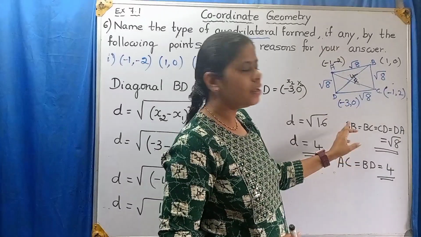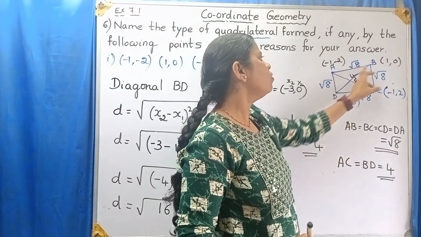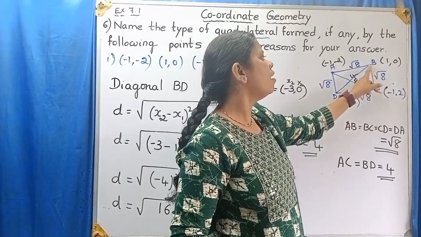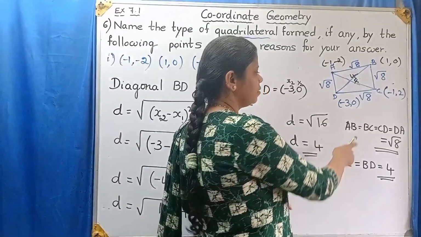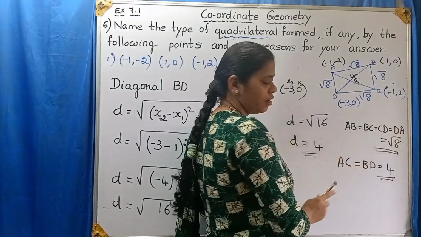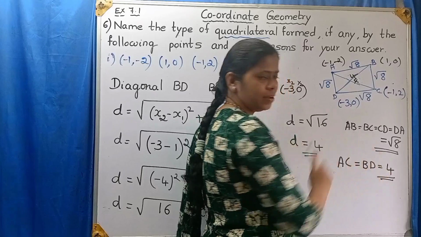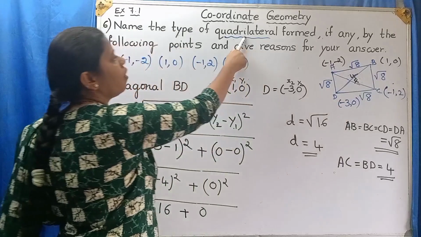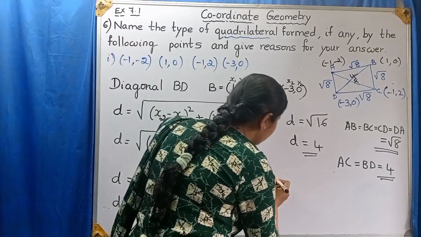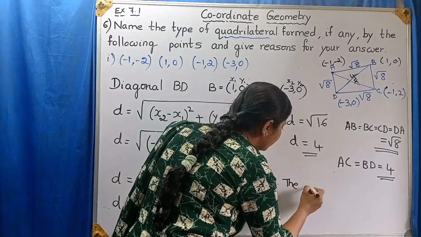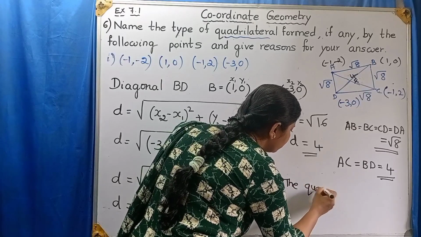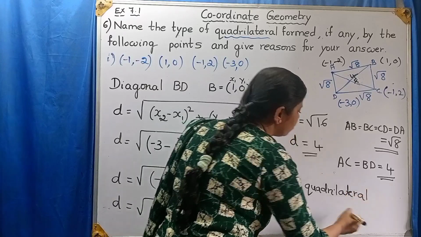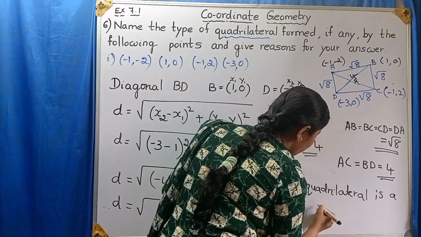This is the property of a square. In a square, all 4 sides are equal and the diagonals are equal, right? Here, all 4 sides are equal and the diagonals are also equal. This is the property of a square. Therefore, the given quadrilateral is a square.